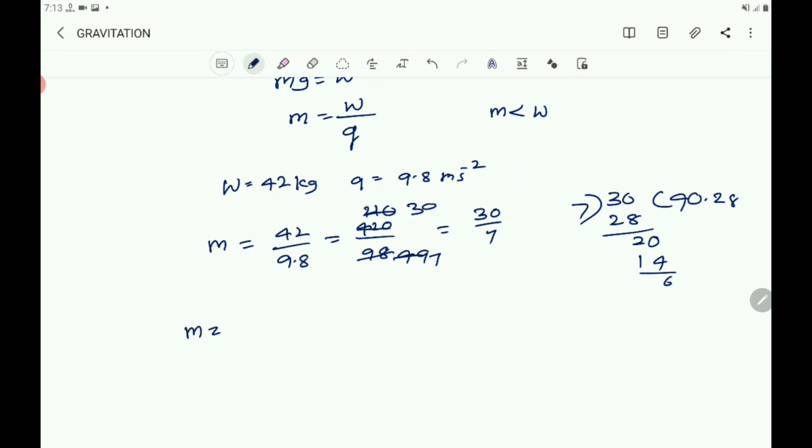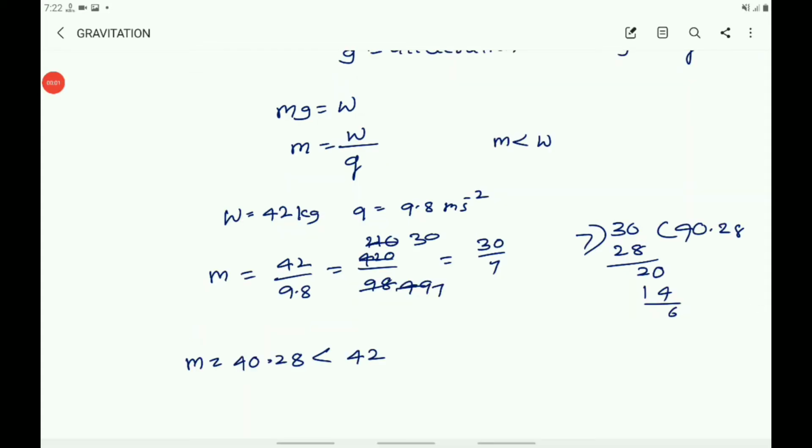So you got m equals 4.28 kg, that is less than 42.